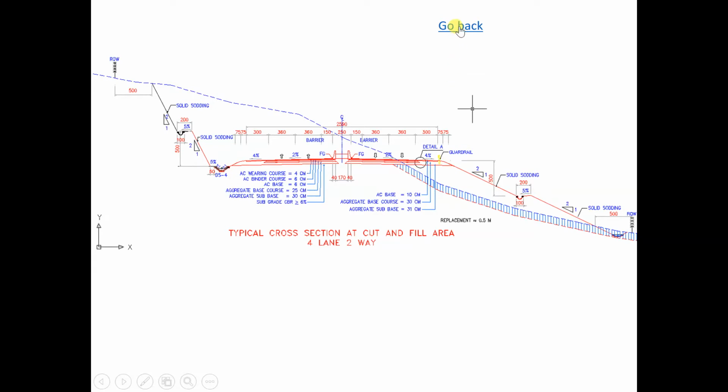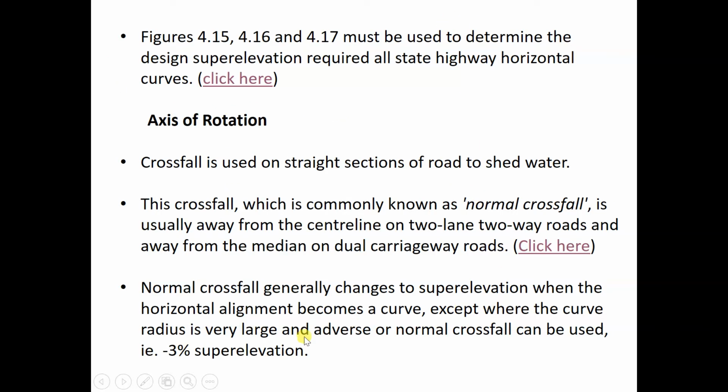The normal crossfall generally changes to super elevation when the horizontal alignment becomes a curve, except where the curve radius is very large, and adverse or normal crossfall can be used, i.e. -3% super elevation.